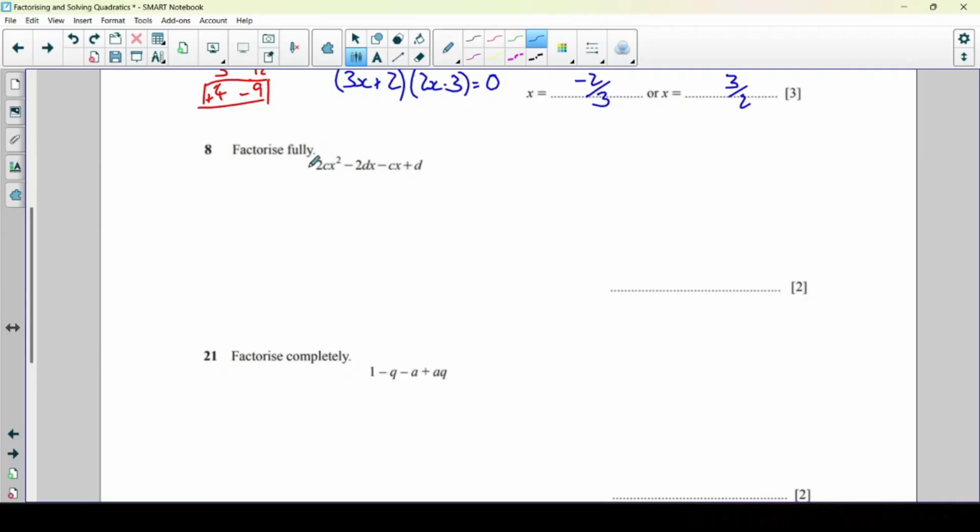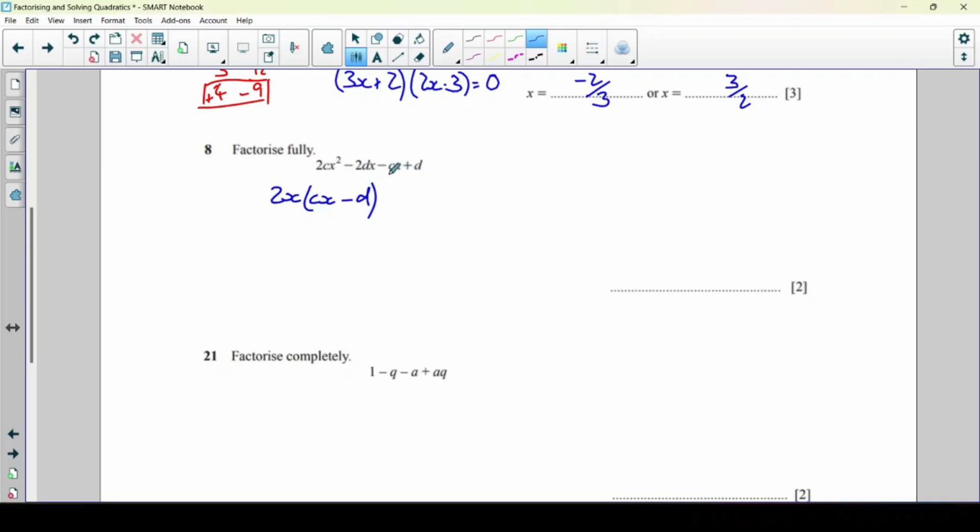This next question is just a factorising one, so I think it's going to be two single brackets. So first I'm going to look for what I can factorise out of the first two terms. It looks like I can take a 2 and an x, and then in the brackets cx minus d.